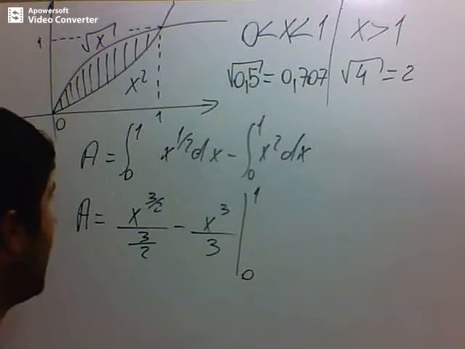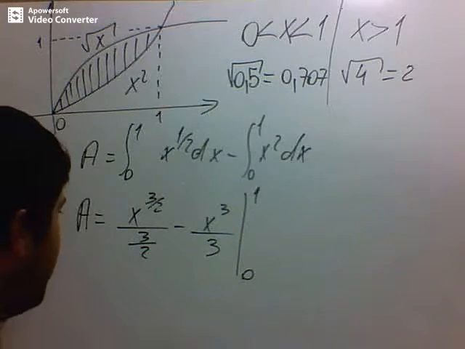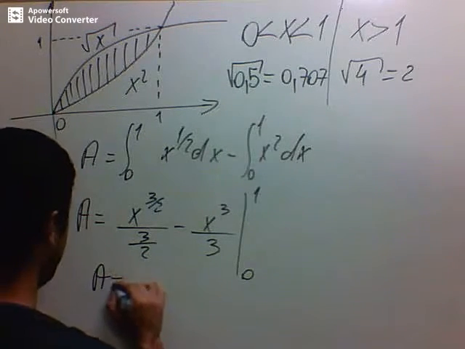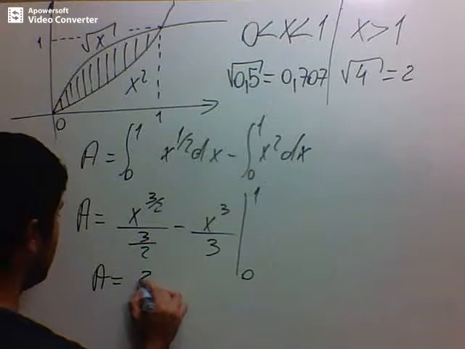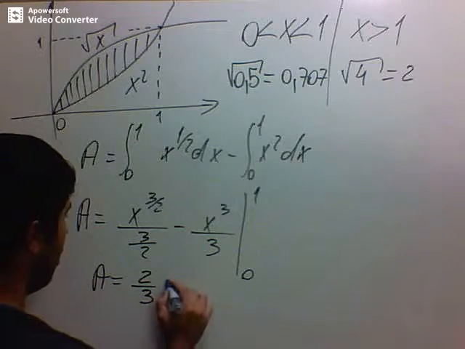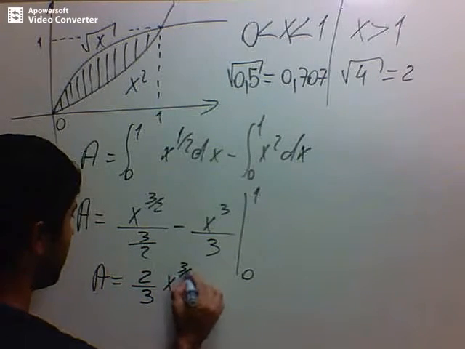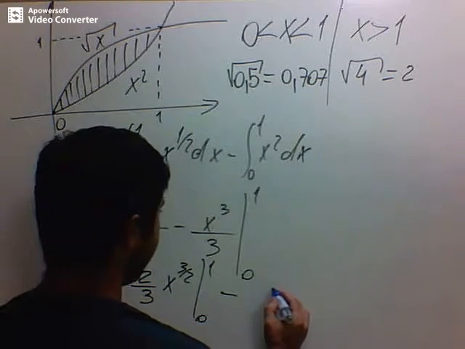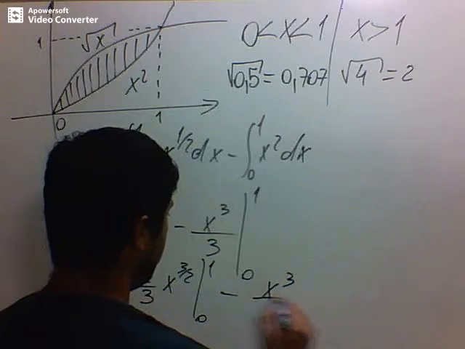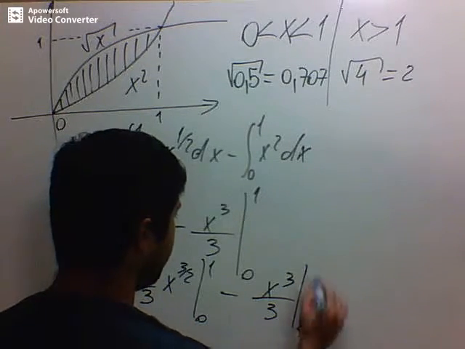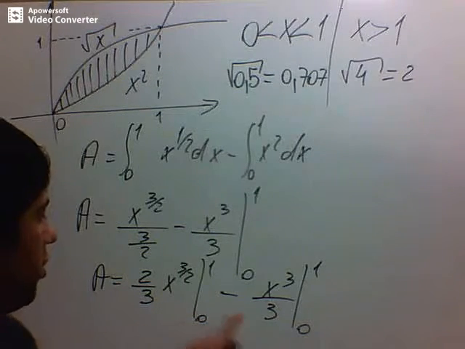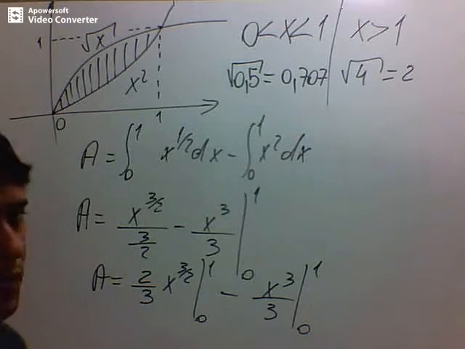My friends, we are almost arriving at the solution. Then A is going to be equal to 2/3 of x to the power of 3/2 from 0 to 1, minus x cubed divided by 3 from 0 to 1. If we put 0 here, it becomes 0. If we put 0 here, it becomes 0.